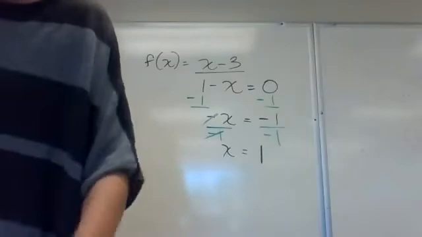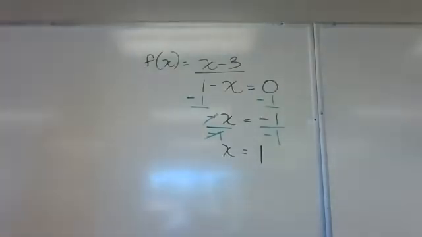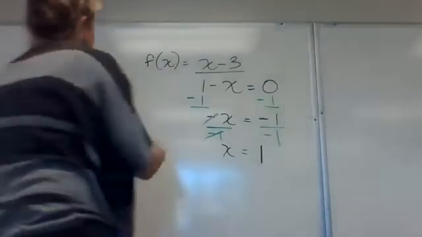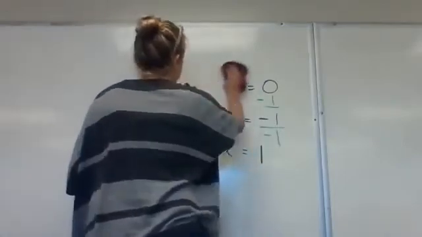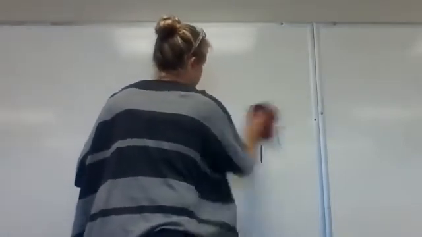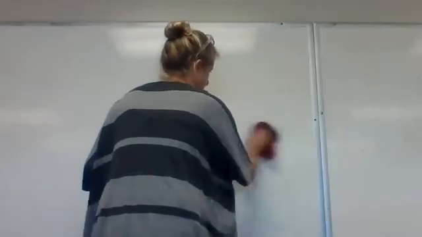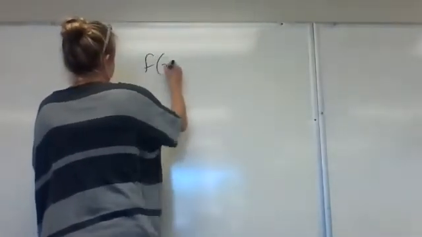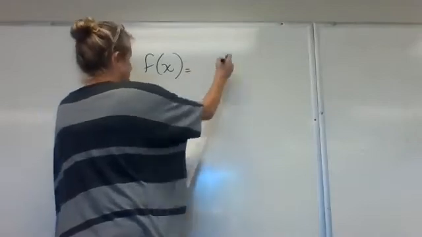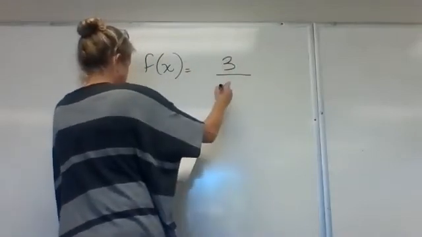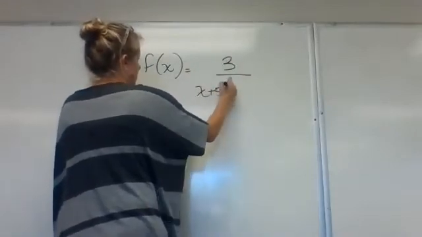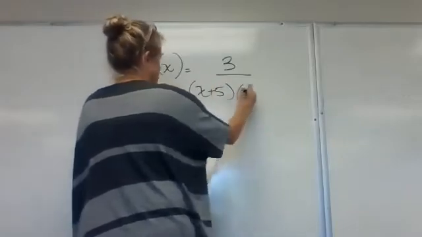Right, number 8. F of x equals 3 over x plus 5, x minus 1.